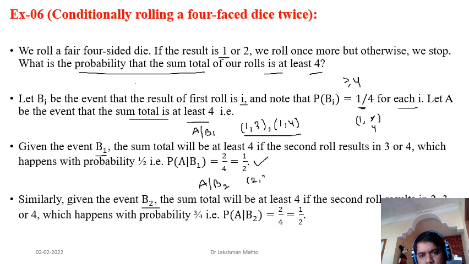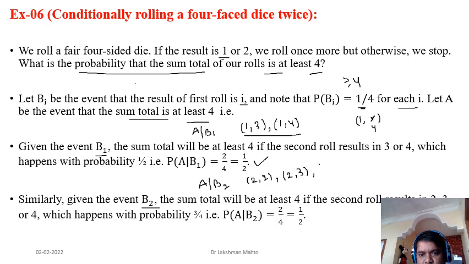It would be (2,2), at least 4, (2,3), and there is one more possibility, where the sum is at least 4.